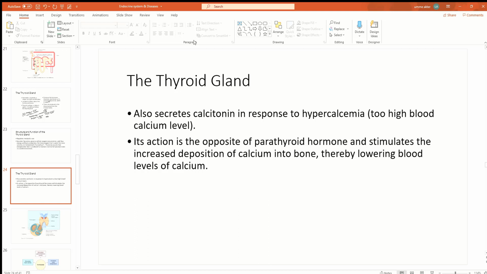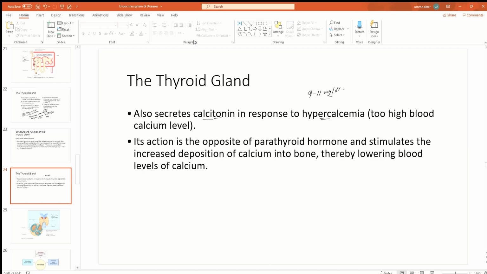Calcitonin, another thyroid hormone, you remember I said lowers the calcium in the blood. So if someone's blood calcium increases, then the thyroid gland will release calcitonin to lower the blood calcium. Okay, and that condition is called hypercalcemia. The calcium in the blood is high. You remember I said that the calcium must be between 9 to 11 milligram per deciliter of blood.